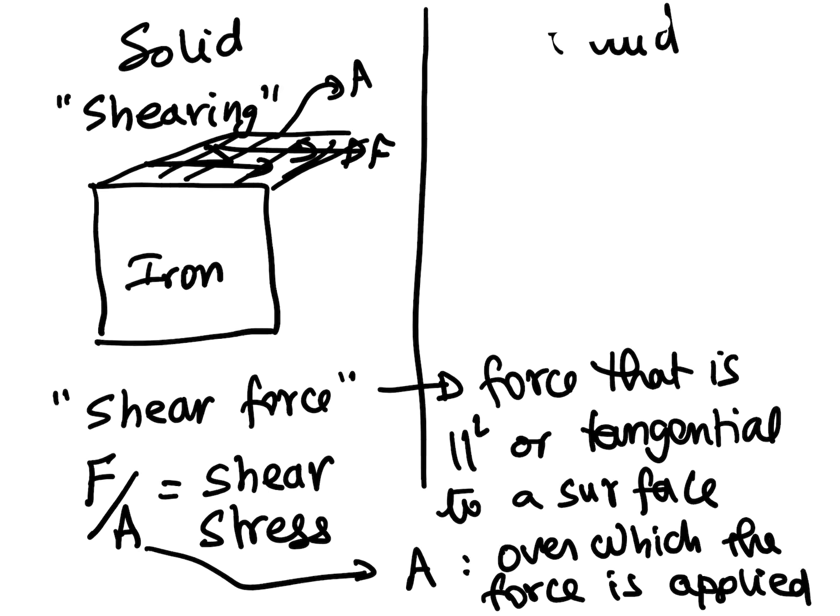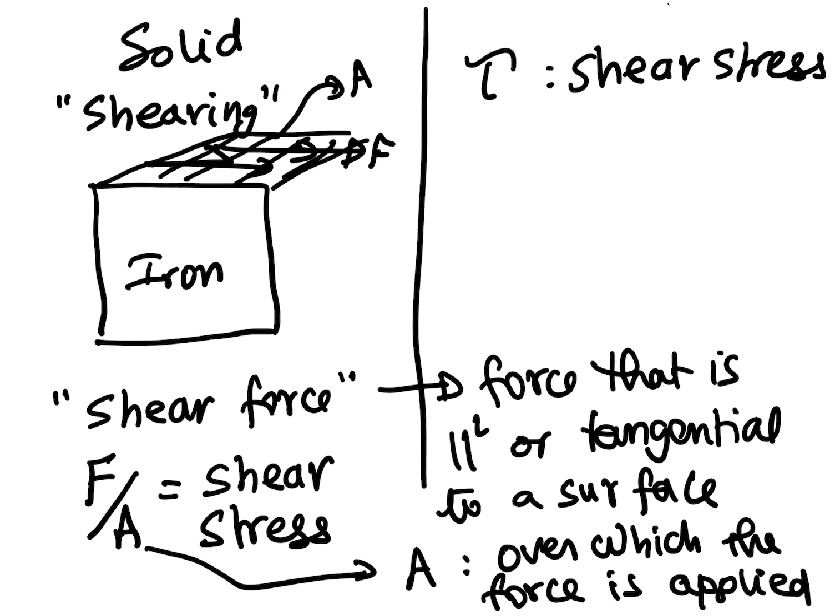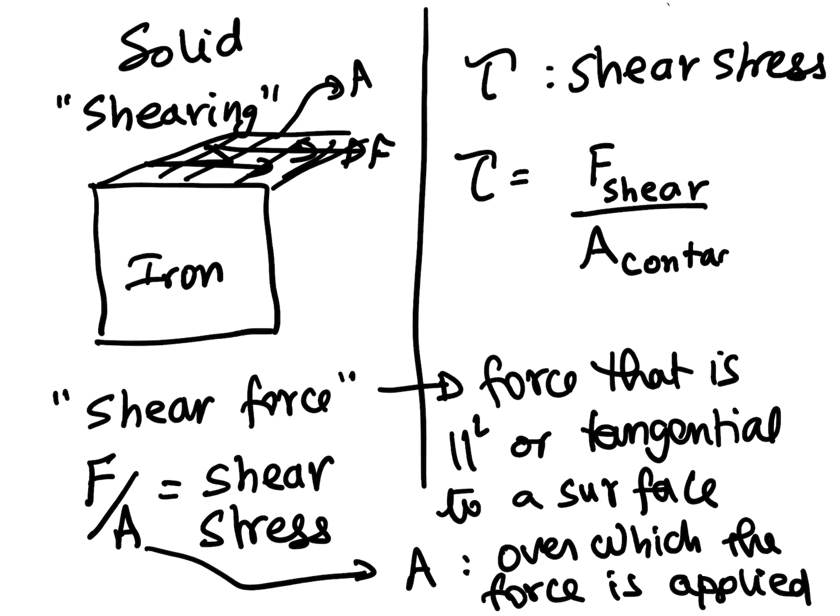And usually we give the symbol tau for shear stress. It's very commonly used. Tau is the shear force divided by the area over which the force acts. Now, that's just introducing shear force or shear stress to you.